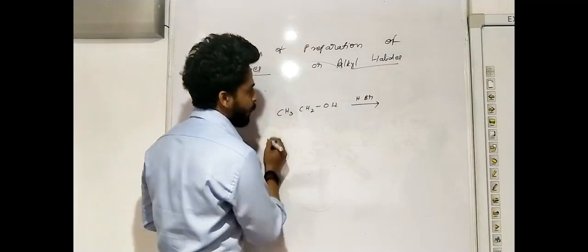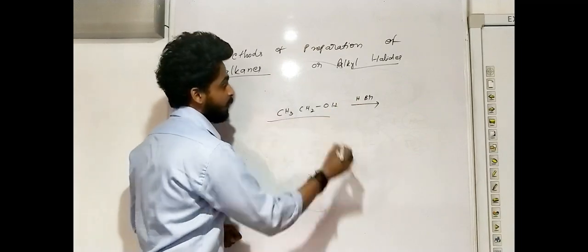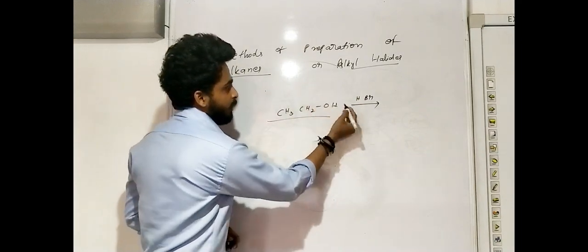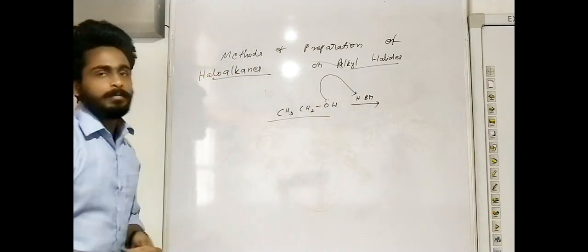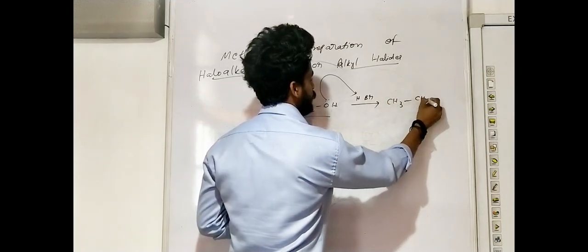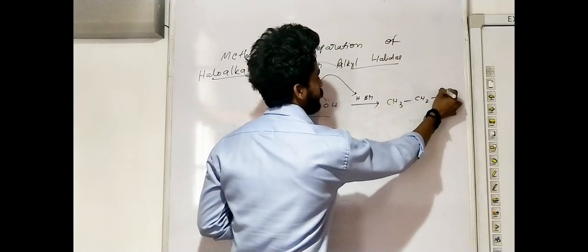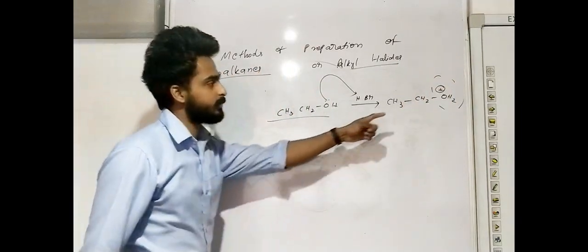This is another example of the same reaction. Here we are treating ethanol with HBr. With the same mechanism, the oxygen will take an H plus to form CH3CH2OH2 plus. Now this is a good leaving group. Here OH is not a good leaving group because OH is stable, but here it is unstable.